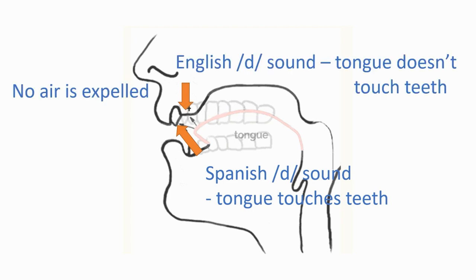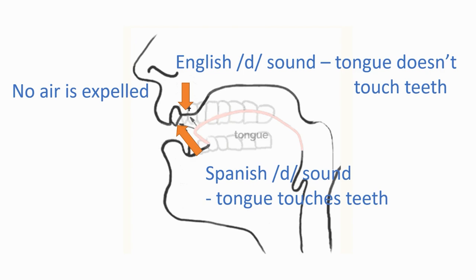To make a D sound in English, the tongue touches the roof of the mouth, just behind the teeth, but it doesn't touch the teeth. And there is no air expelled in the D sound in English. The tongue should press against the roof of your mouth in order to stop the air from escaping and to make the sound correctly. So you should practice doing this now.